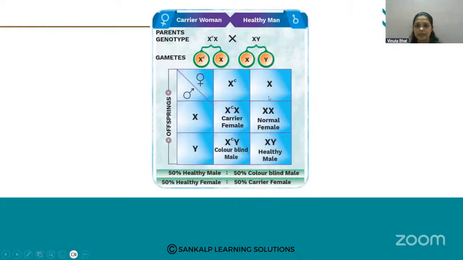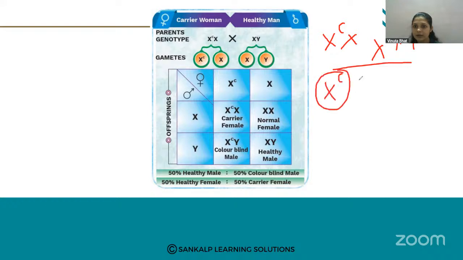Here you can see another example. Here XC means color blind. X means she is the carrier, and the male XY, healthy male. Okay, so they produce the XC gamete and X gamete, then here XY.